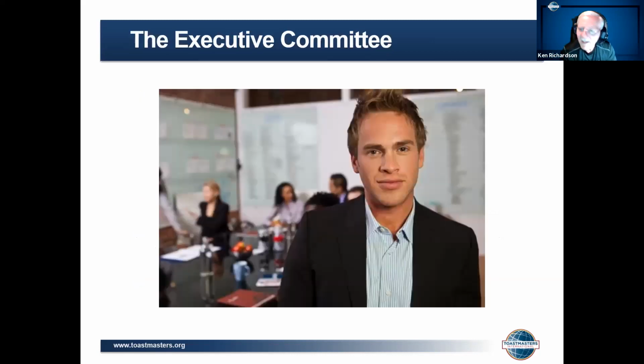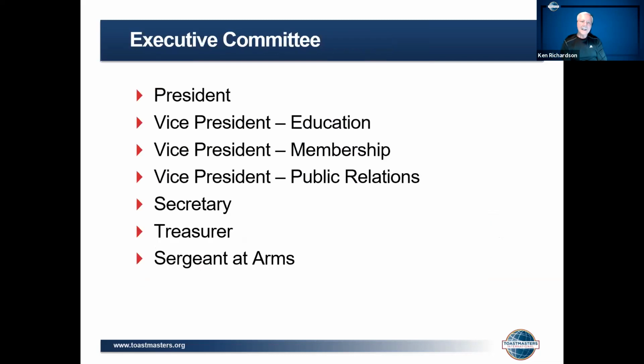Let's talk a moment then about the executive committee. The executive committee consists of all of the officers, all 7 officers: the president, vice president of education, vice president of membership, vice president of public relations, the secretary, treasurer, and sergeant at arms. This order, if you will, is also the order by which you determine the presiding officer.